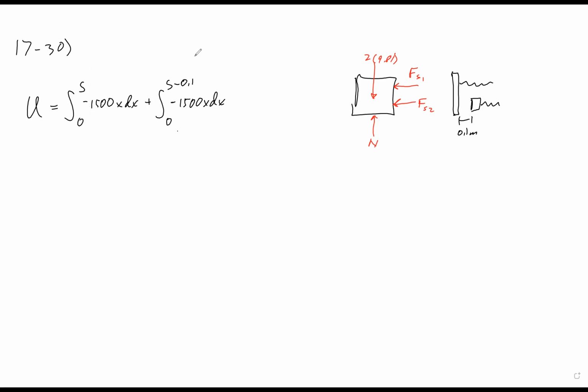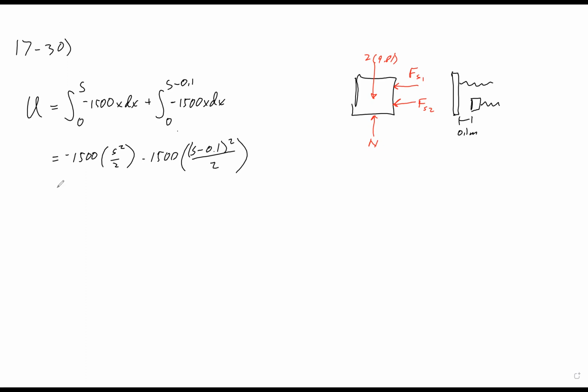Okay, so if we do these two integrals, we end up with negative 1500 s squared over 2 minus 1500 times (s minus 0.1) squared over 2.